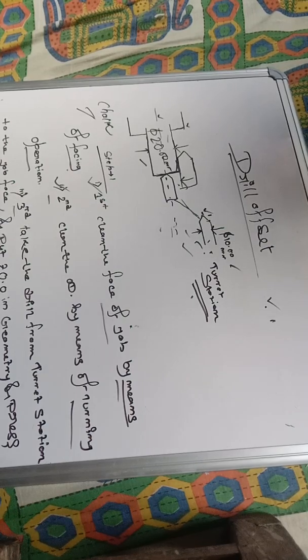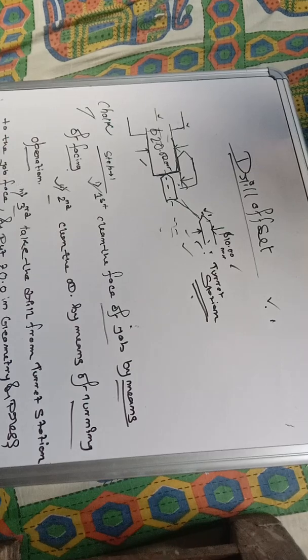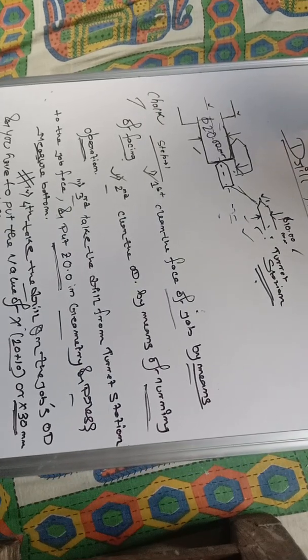If the drill does not take its center properly, it will drill eccentrically, and as a result it will break the drill and it can create an accident. So we have to clean the OD surface by means of the OD tool, and that will be completed by turning operations.